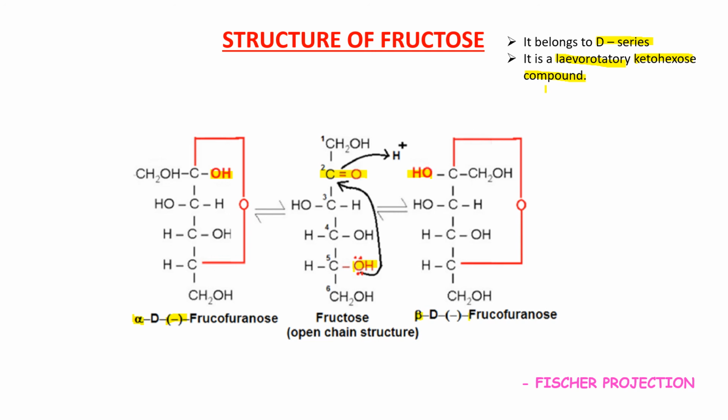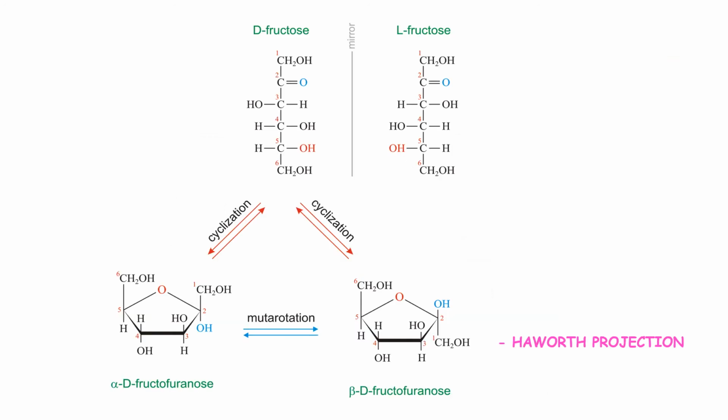These are the Fischer projections, which are 2D representations of a 3D molecule. And these are the 3D forms of the cyclic structures that are formed by D-fructose. That is, when they undergo cyclization, they form two structures, the alpha form and the beta form.